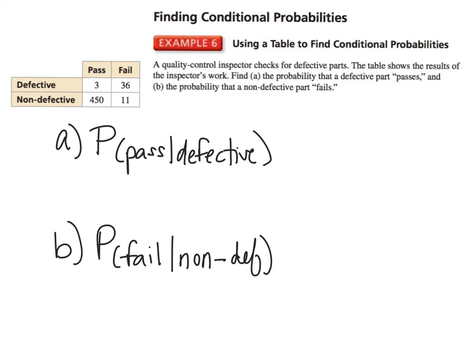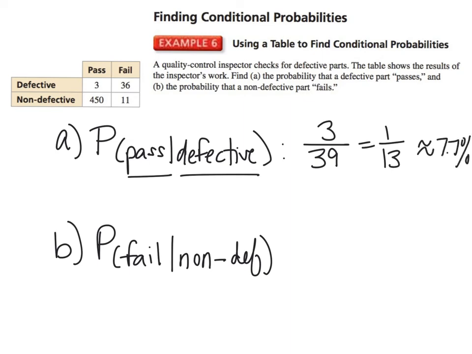The probability of a defective part passing. The first thing that has to happen is how many are defective? Well, there are 39 total that are defective. Then we have to figure out how many of those pass. Well, that's going to be 3, which is 1/13, which is approximately 7.7%.